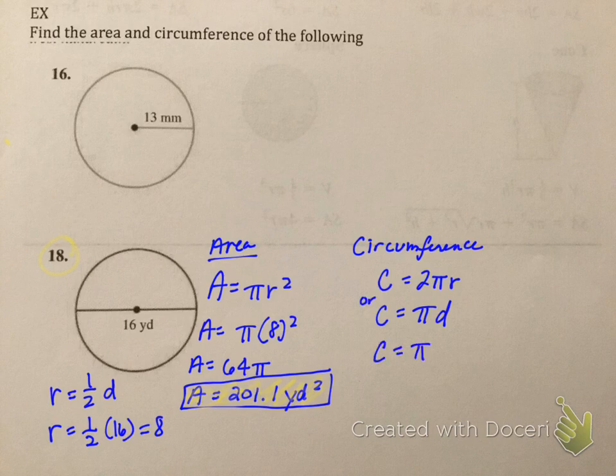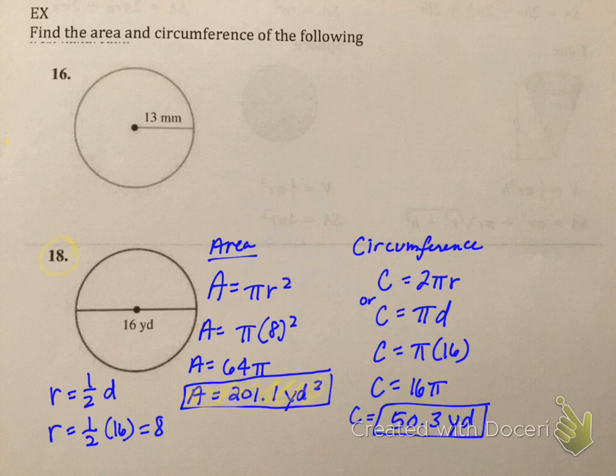So I'm going to put 16 times pi in my calculator and see what we get. And I got 50.3 yards. So once again, we're doing circumference, so make sure your units are only in 1 unit, not squared. So 50.3 yards. Okay, and that is the end of this section.